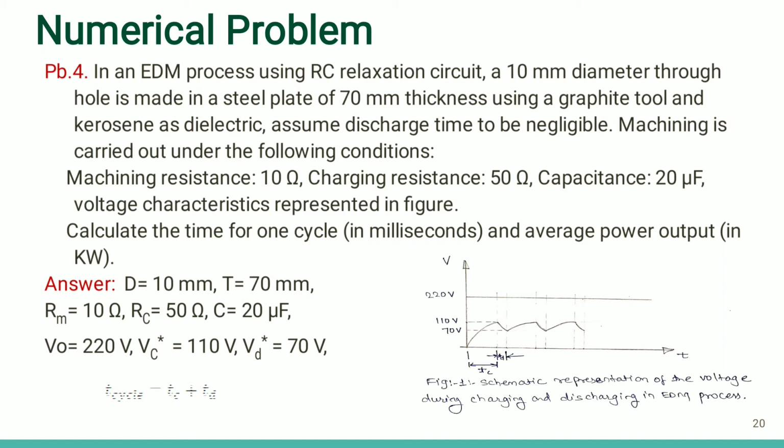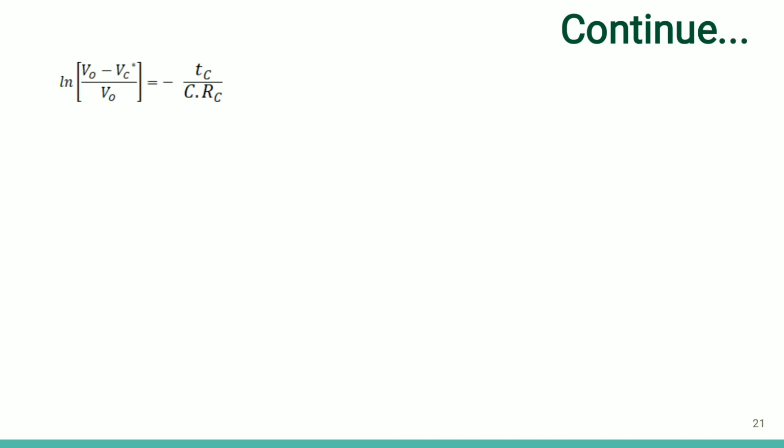This Tc cycle that we are going to find out. For that, during the charging, this is the formula that I am using: ln of (V naught minus Vc star) upon V naught equals minus Tc upon C Rc.